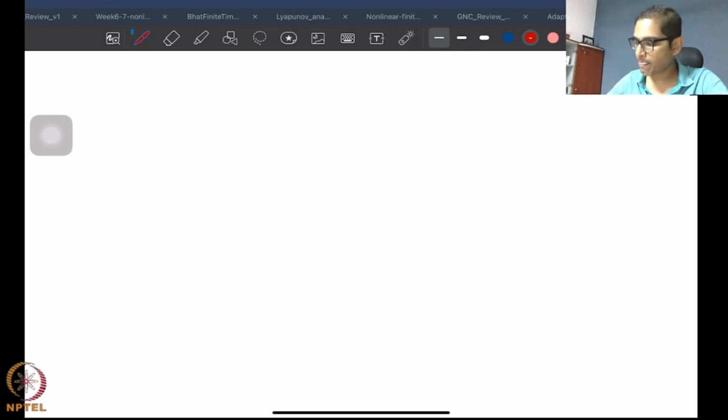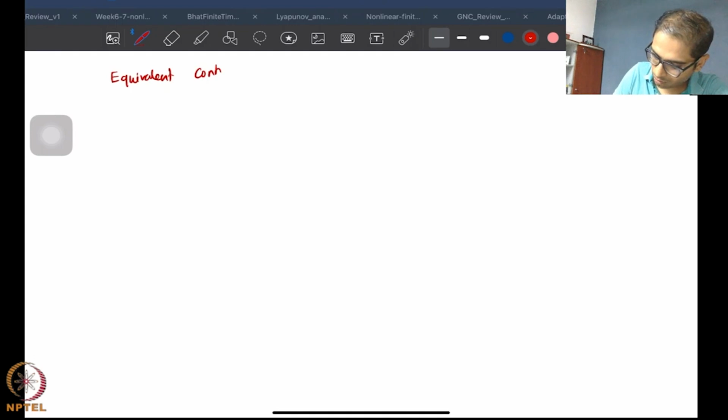For disturbance estimation, there is a need to have a notion of equivalent control. So that's what we will introduce now a little bit, the notion of equivalent control. So what is equivalent control?